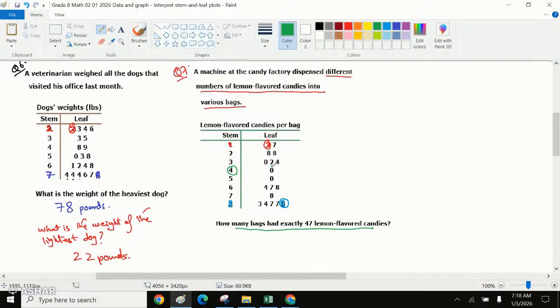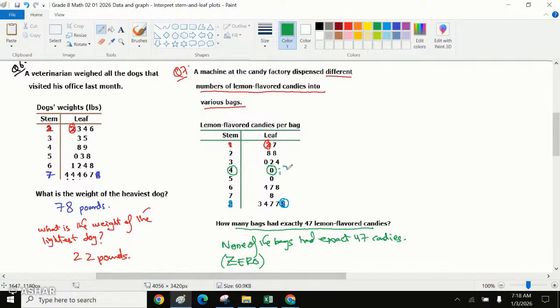See, there were 40 candies, 41 not there, 42 not there, but there was 50 also, right? So we tried, none of the bags had exactly 47 candies. There was no bag. The answer is 0, because there is no 47.